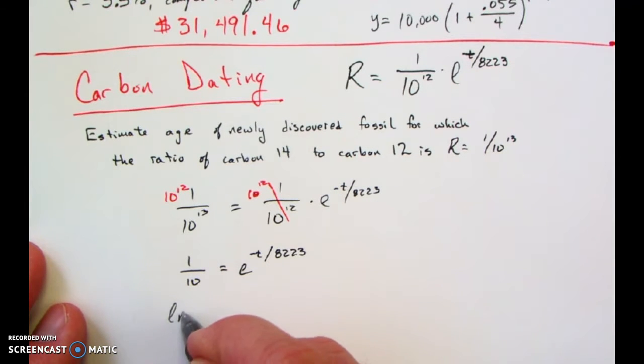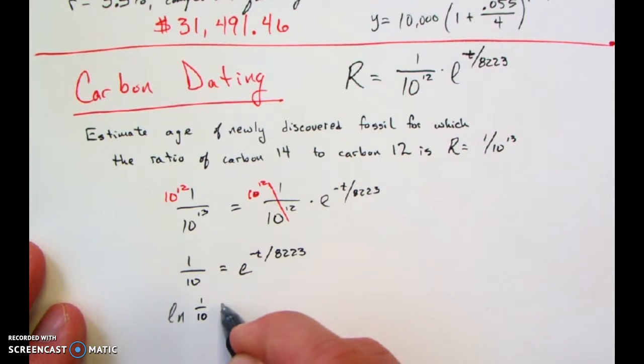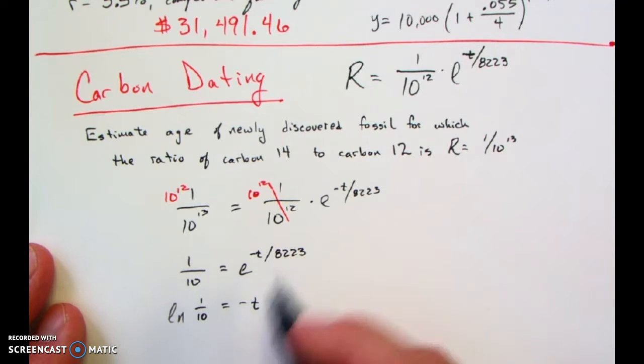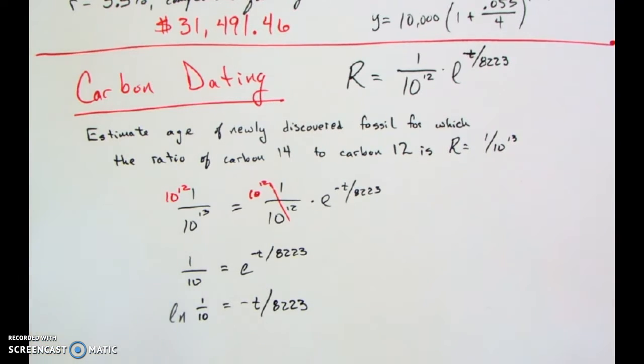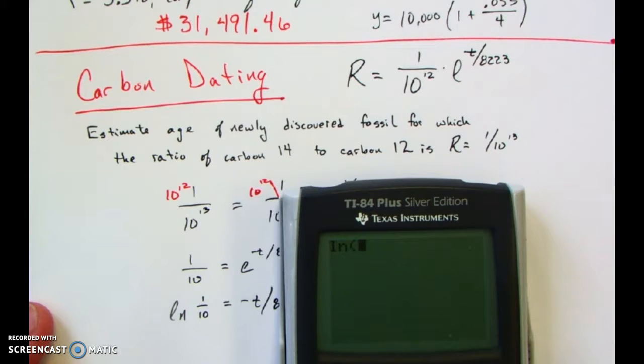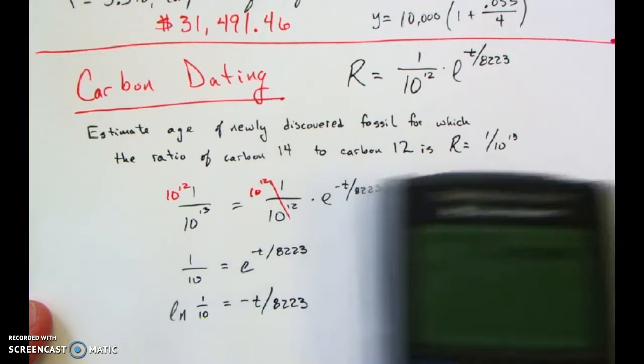So we'll be looking at the natural log of 1/10, and that's going to be equal to our negative t divided by 8,223. So the natural log of 1/10 gives us a value of negative 2.303.